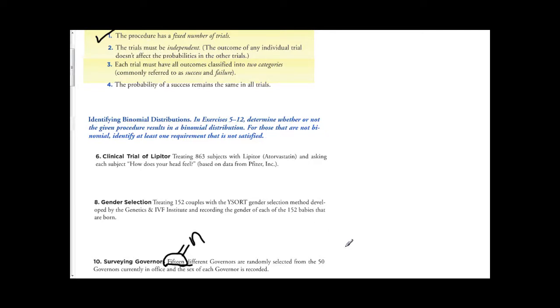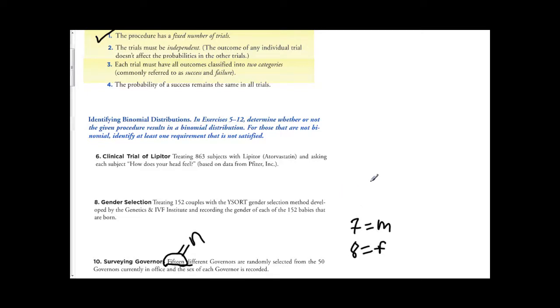Well, if we only choose 15, if n is 15, then depending on how many female governors there are, male versus female, let's say for instance there are 7 male governors and 8 female governors for a total of 15 governors.